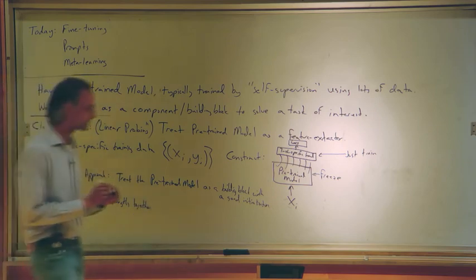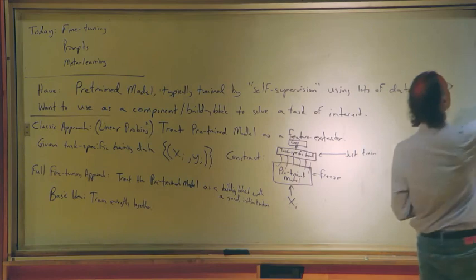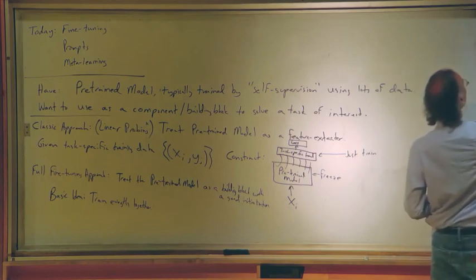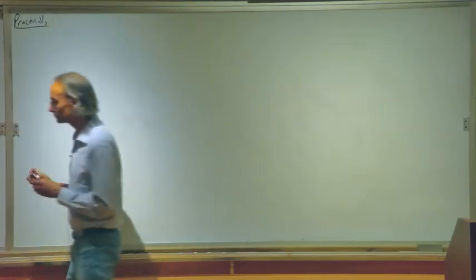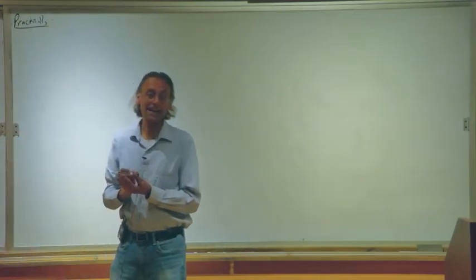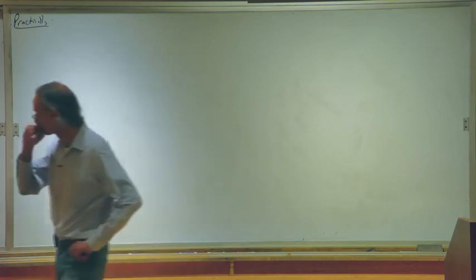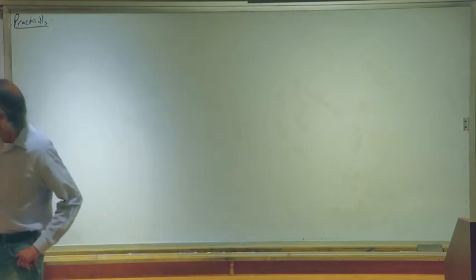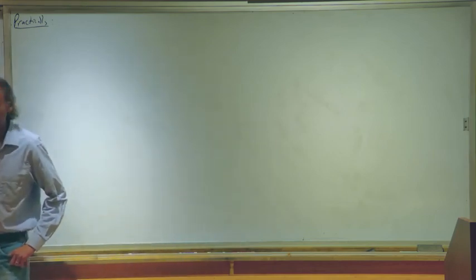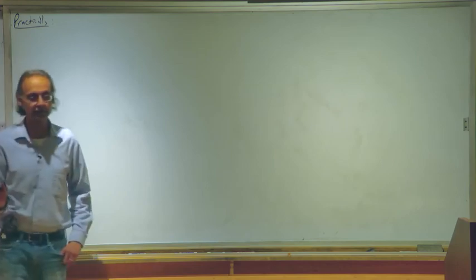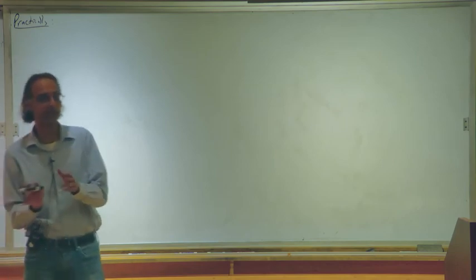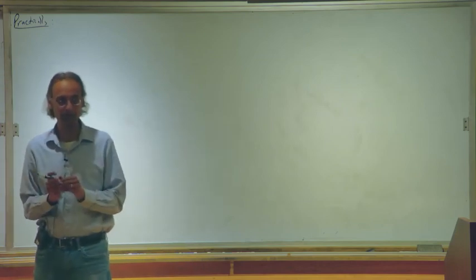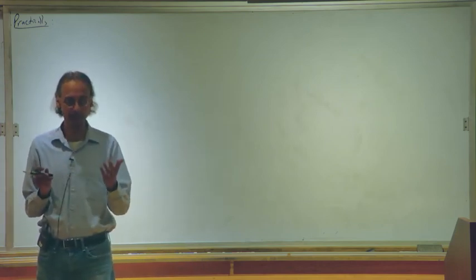But I want to expand on this practically. I think I mentioned this at the very end of last lecture. If you train everything together, you still have to introduce a task-specific head, because the pre-training objective is presumably nothing like the task you want to do.